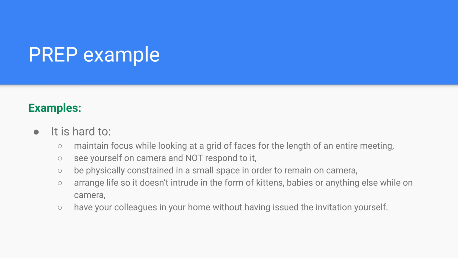And having your colleagues in your personal space, in your home, without having some kind of formal invitation could also be an issue.